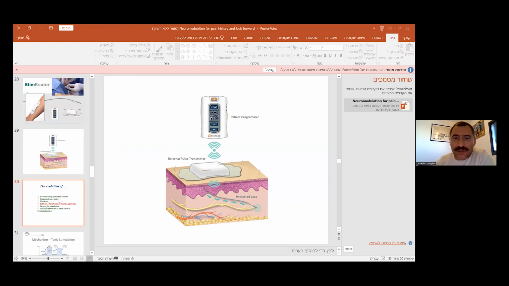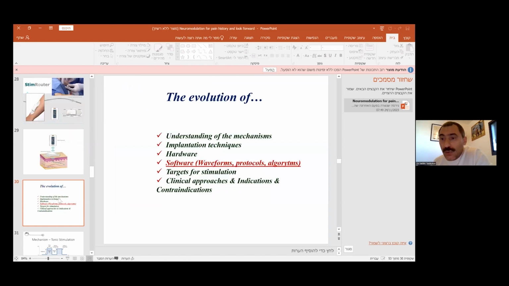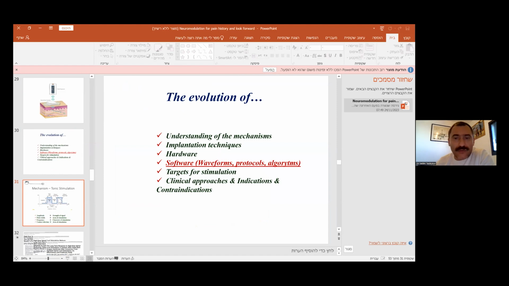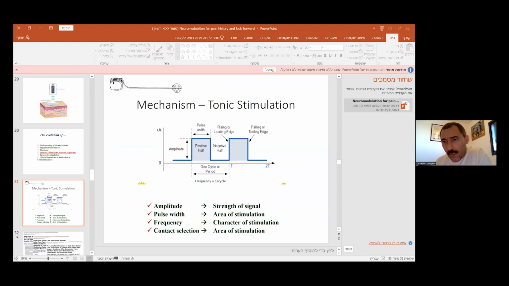Another way of evolution is the evolution of software: waveforms, protocols, and algorithms. The first waveform that was introduced to this kind of treatment was tonic stimulation, with square-shaped waves making the stimulation.